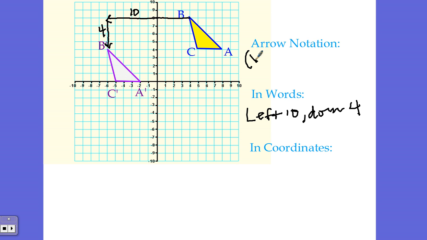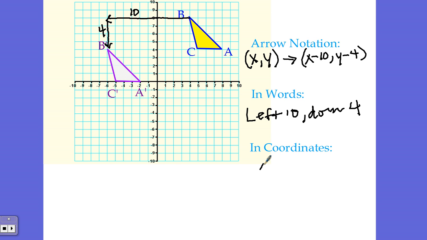In arrow notation, for every point x, y, what's going to happen to our x values? We're going to subtract 10, and from all my y values, subtract 4. If we had gone up, we would have added. If we had gone right, we would have added.